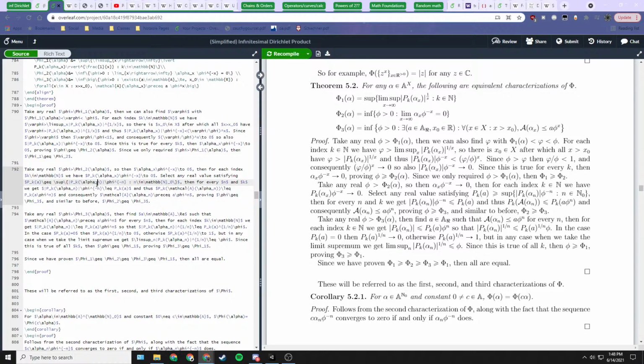Oh wait, no, this won't work either. This also won't work. Okay, I think we do have to have locally bounded.